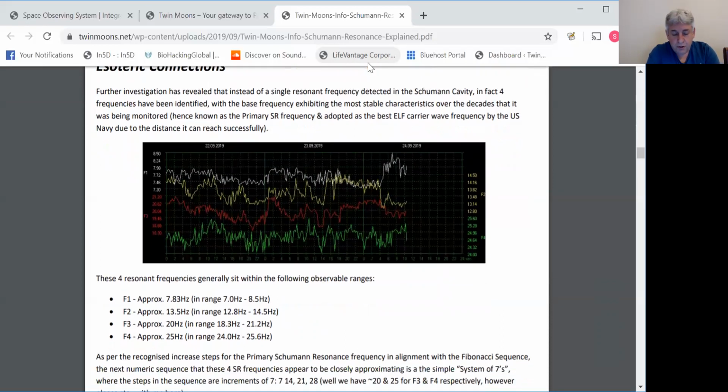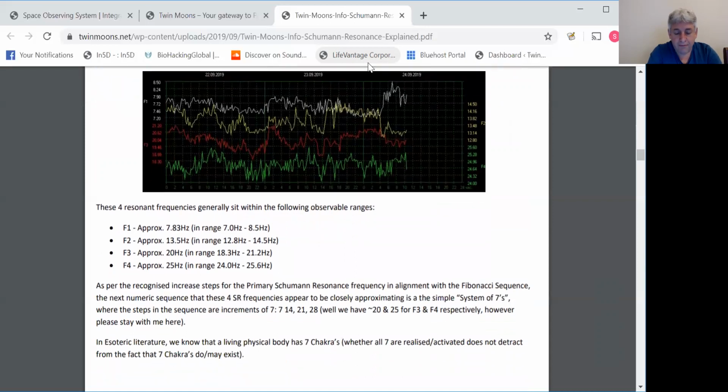And so if you correlate those with the Fibonacci sequence, you can see some correlation, but also quite a clear correlation to a sevens numeric pattern, or system of sevens, where the difference between F1 and F2, if you propose that it be around 7 hertz, and the difference between F2 and F3 be around 7 hertz, is approximately that.